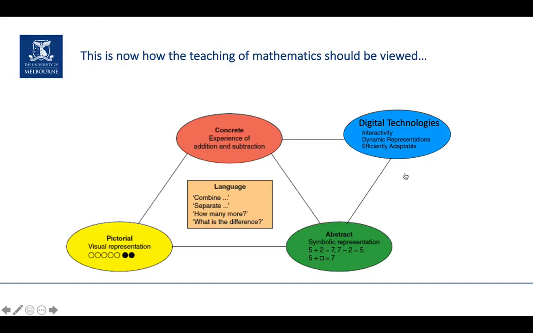I was saying this even before the time of COVID and lockdown: digital technology should be present in the vast majority of our mathematics teaching and learning, because it allows things like interactivity and dynamic representations, and we can efficiently adapt the situations when the students are engaged in digital technologies.